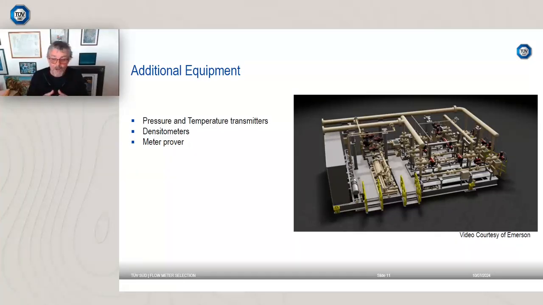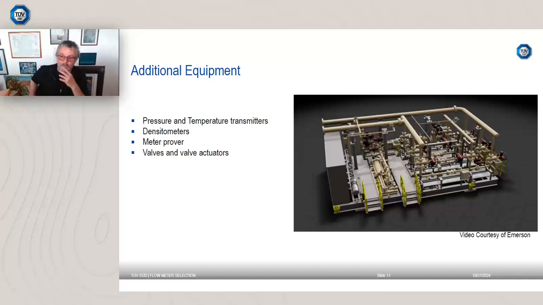And even if you don't have a fixed compact prover, but you're bringing one in every 6 months or every year to verify the uncertainty of your meters, you still need to make sure there's space there. You can't just have it floating in mid-air during your proving operations. So again, that's an additional equipment consideration which we have to consider.